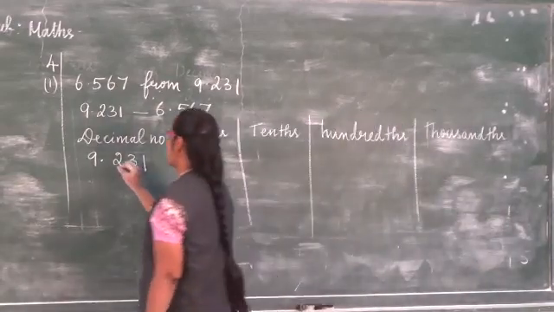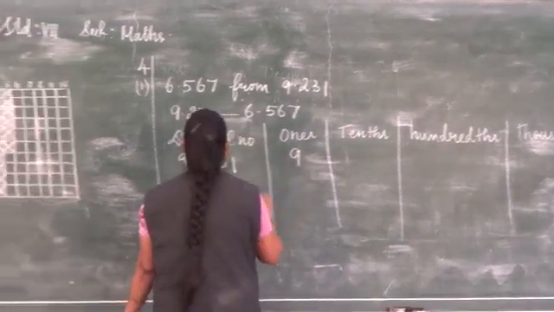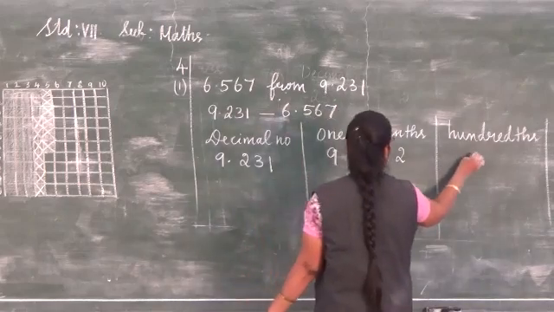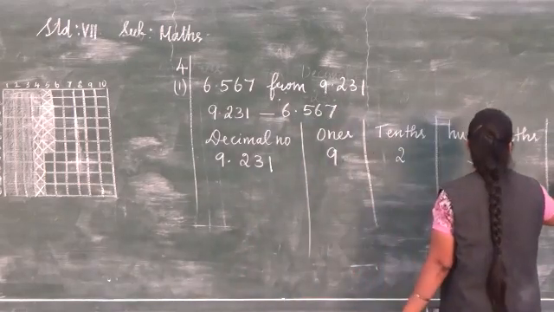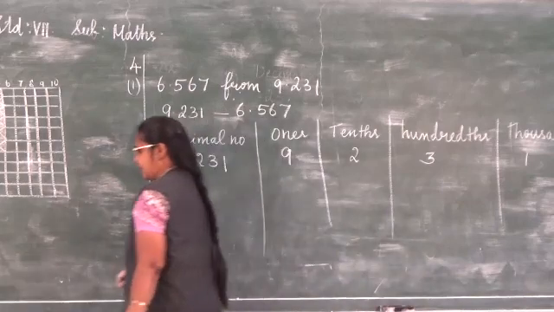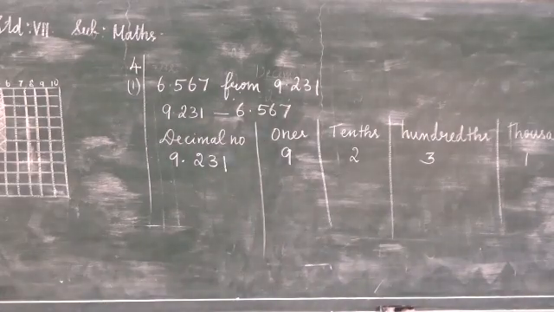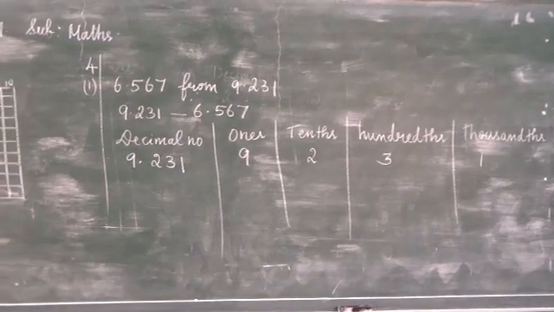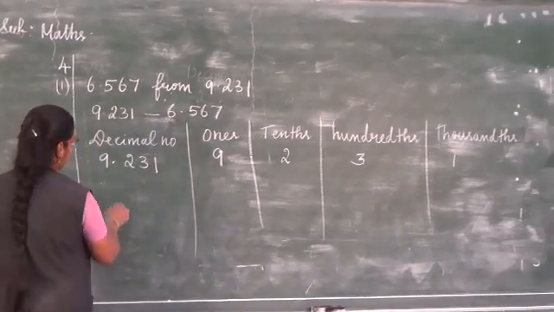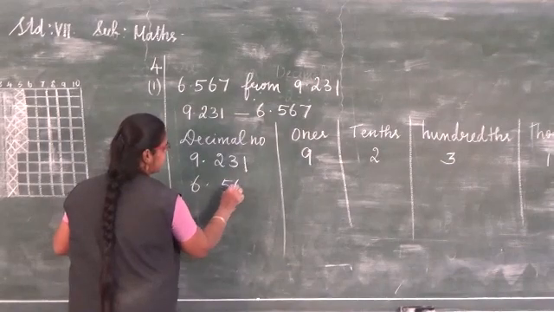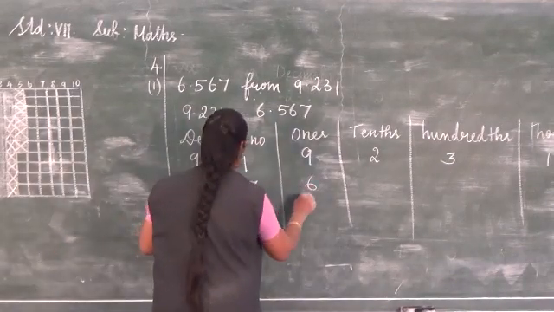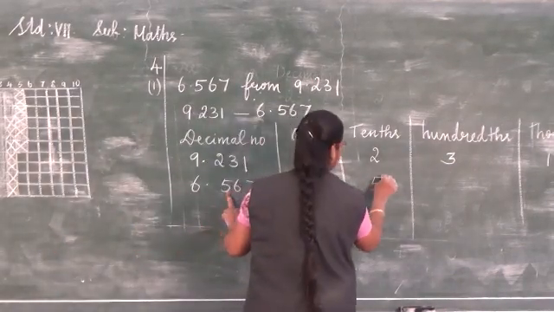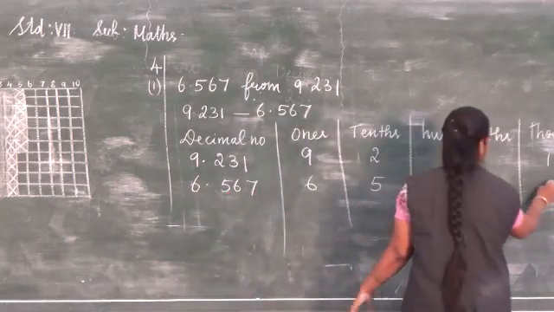So after writing this, you have to write the number 9, 2, 3, 1. Then next one, here they have given 6.567. So 6, 5, 6, 7.